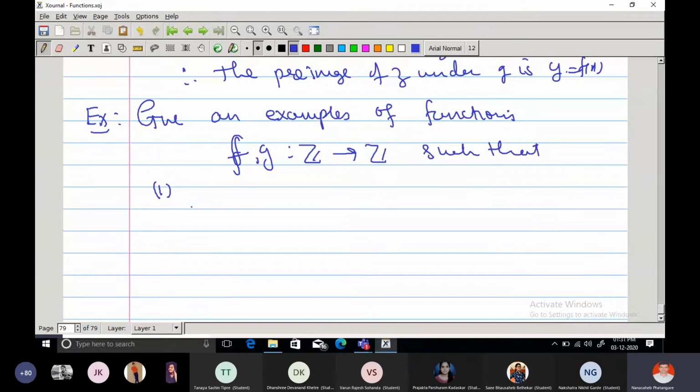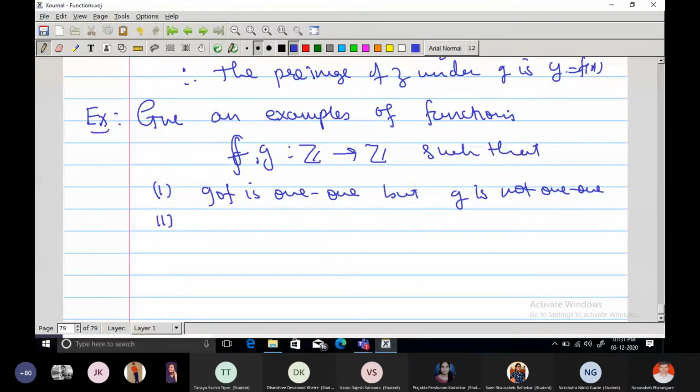g composite f is 1-1, but g is not 1-1. Second, g is onto, but f is not onto.